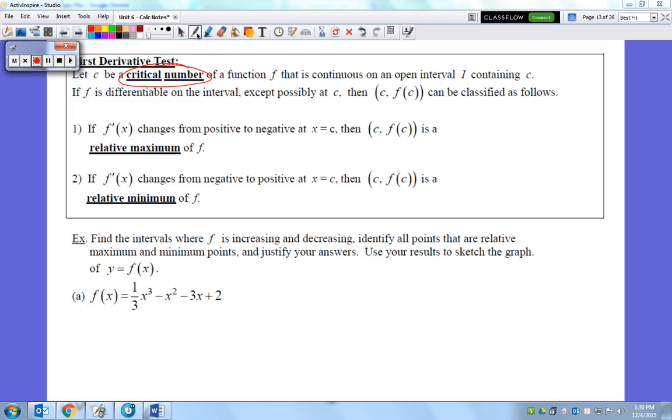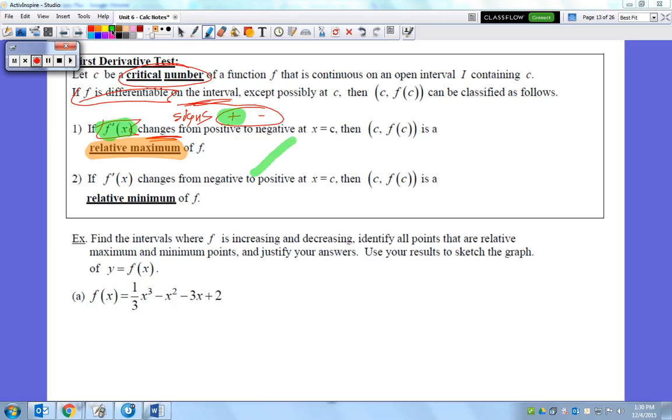Now, f is differentiable on the interval. And when f prime of x is changing from positive to negative, and please put that in your notes, when f prime of x changes signs from positive to negative, we're identifying a relative max. How does that make sense? Well, we said in the last slide, if the derivative is positive, what is f of x doing? Increasing.